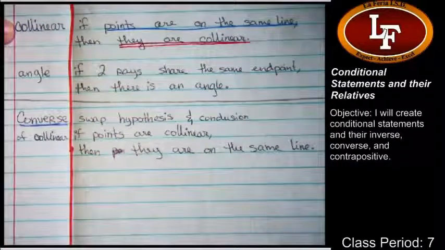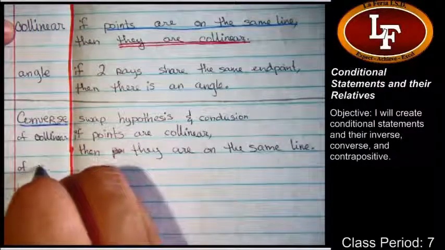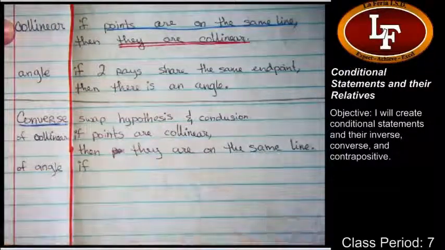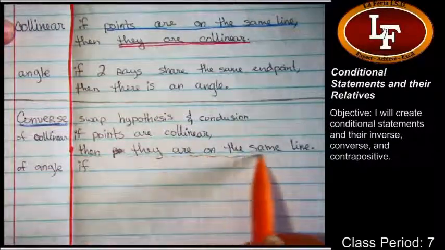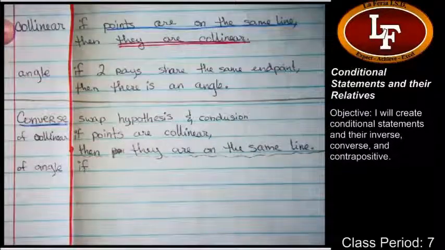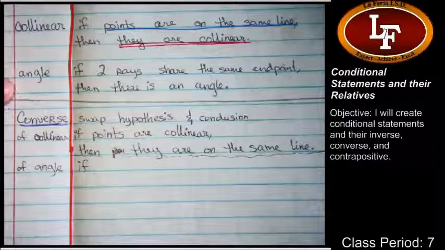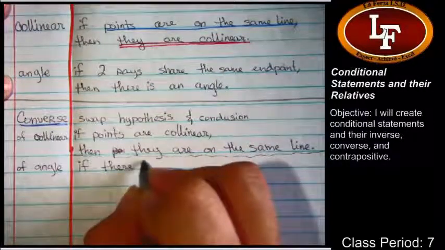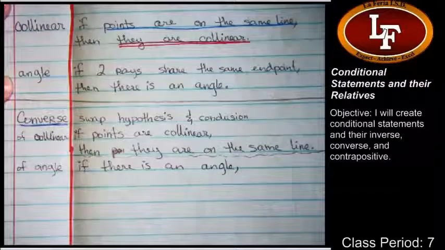Good job. You guys are awesome at this. Nicely done. Let's write the converse for angle. I'm putting a little spacer bar here to make it easier for you to see. All right, angle. What was the original conclusion for angle? There is an angle. So, if there is an angle, and notice this one, you didn't have to rewrite.